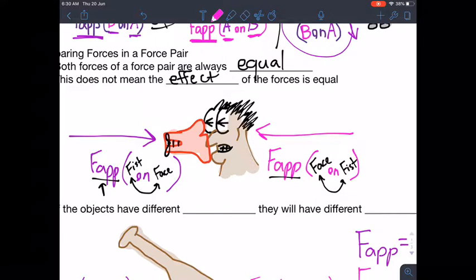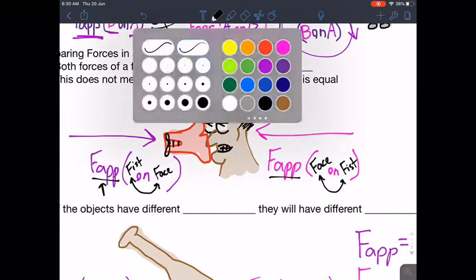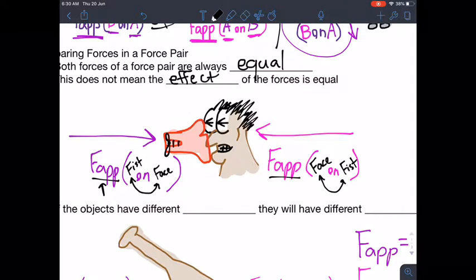And the effect is not the same for a couple reasons. One, the hand is wearing a glove, and the glove protects the hand from being broken or being seriously injured, so the person punching doesn't break their hand. That is what boxing gloves are for. They are not to protect the person's face, because the point of boxing is to hurt the person's face. So why would you protect it?